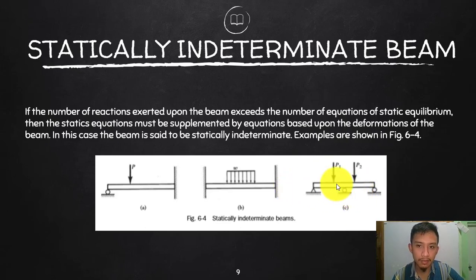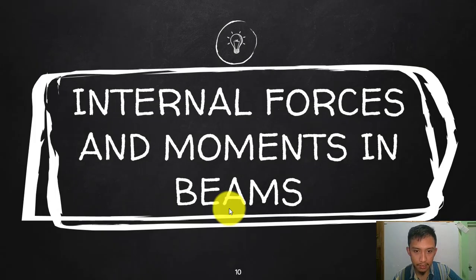We cannot solve that by the rules of algebra, of course. So these are just some of the indeterminate situations of our beam, and that will be on the next discussions.